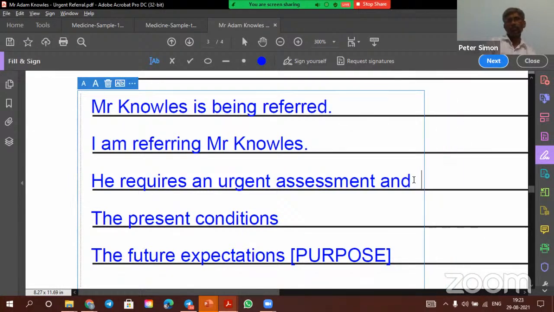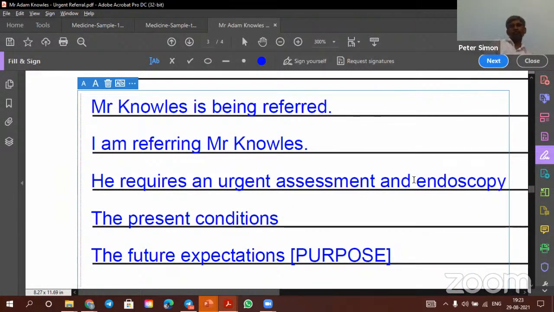Just giving you some sentences. Endoscopy. It requires an urgent assessment and endoscopy. Full stop.